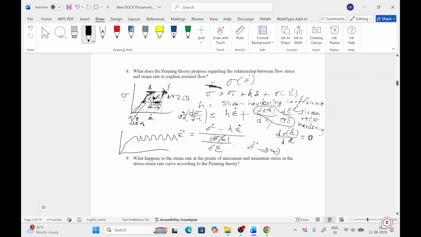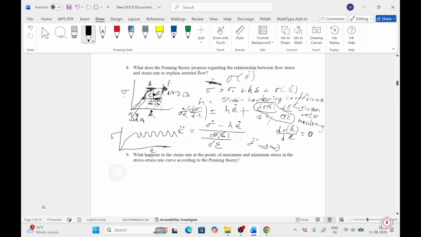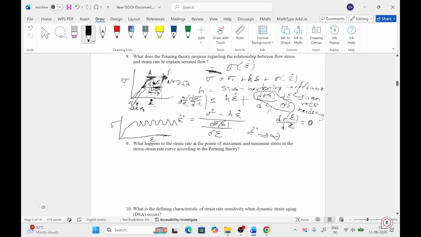This is the stress versus strain curve, sigma versus epsilon, while the other is the strain rate curve, sigma versus epsilon dot. This behavior we experience when dynamic strain aging exists. So this question is complete. This is the pinning theory.